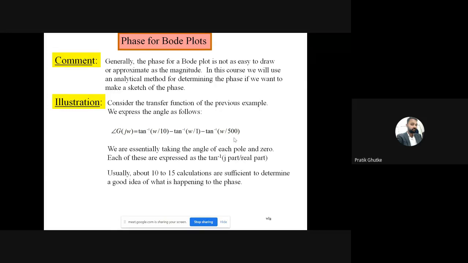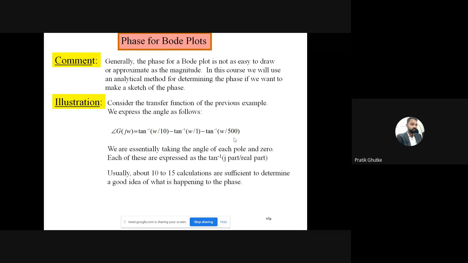So for the zero term, I will take tan inverse of ω by 10. Why is this minus sign there? Because I have just told you that for poles, I will take minus tan inverse. So minus tan inverse of ω by 1 minus tan inverse of ω by 500.